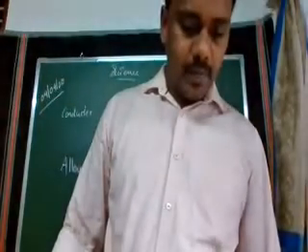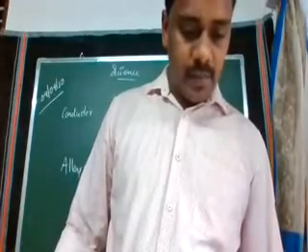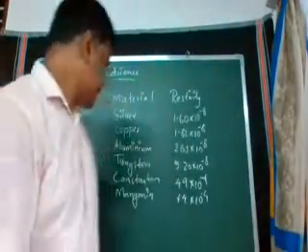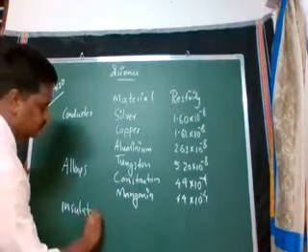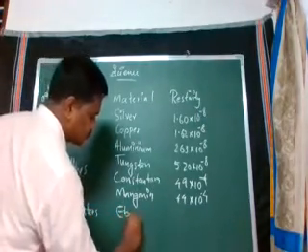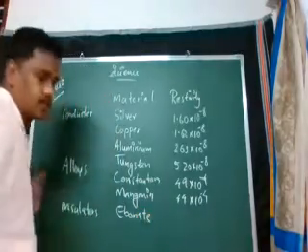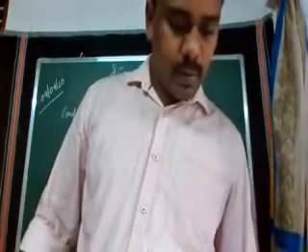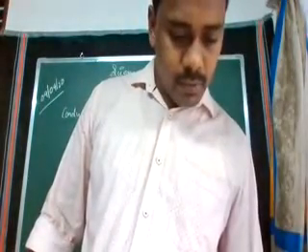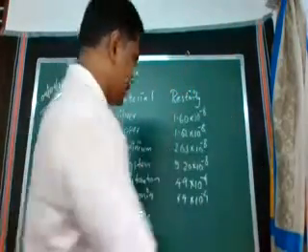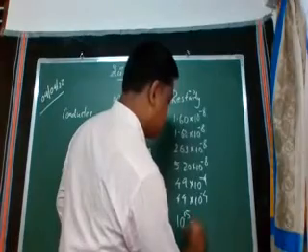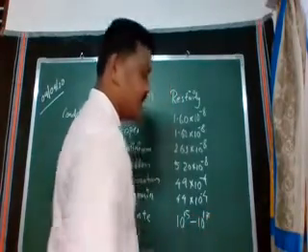And next comes insulators. Glass we studied, rubber we studied. We will write ebonite. Insulators, ebonite: 10 raised to 15 to 10 raised to 17. Very high resistivity.